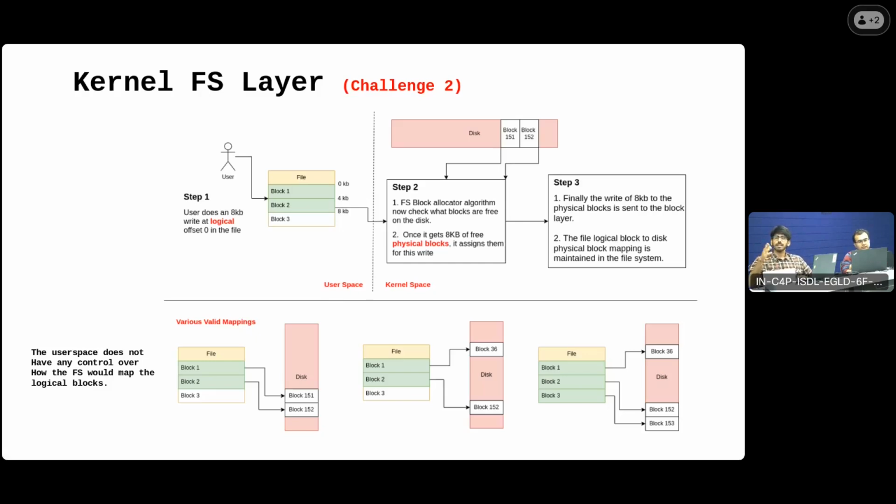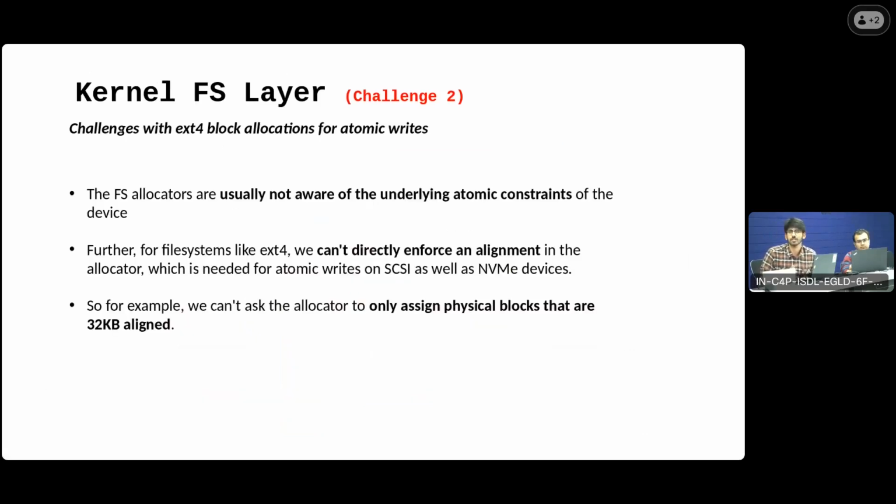Next to that, we see another valid mapping. The file system could have given block 36 and block 152. So it's not necessary that the blocks would always be continuous. And on the right, one more example where blocks 1, 2, 3 are mapped to 36, 152, and 153. So these are the various valid mappings. The point being that the user can't control this. This is something that the file system allocation algorithms decide.